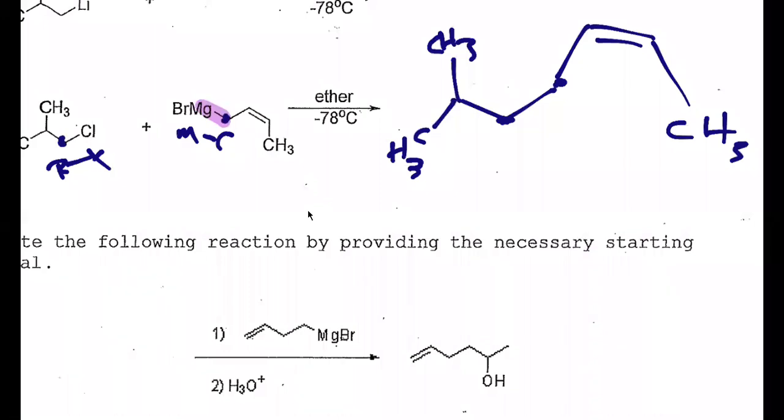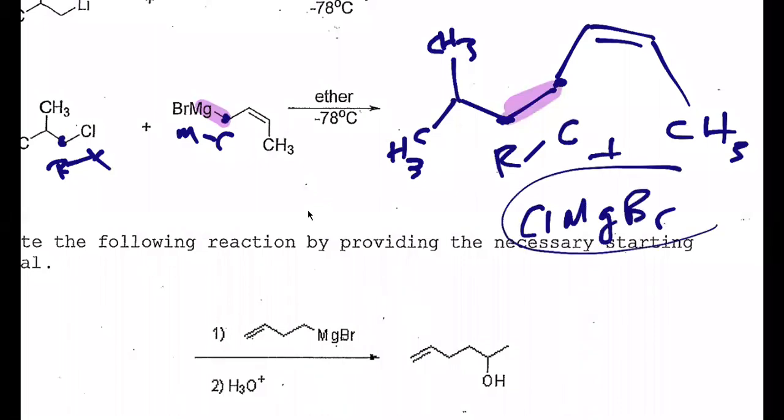Because again, the overall goal is to make a new carbon bond in the product, and that's what we did right here. Will we add the bromine magnesium with the chlorine? Yeah. But again, this part is inconsequential.